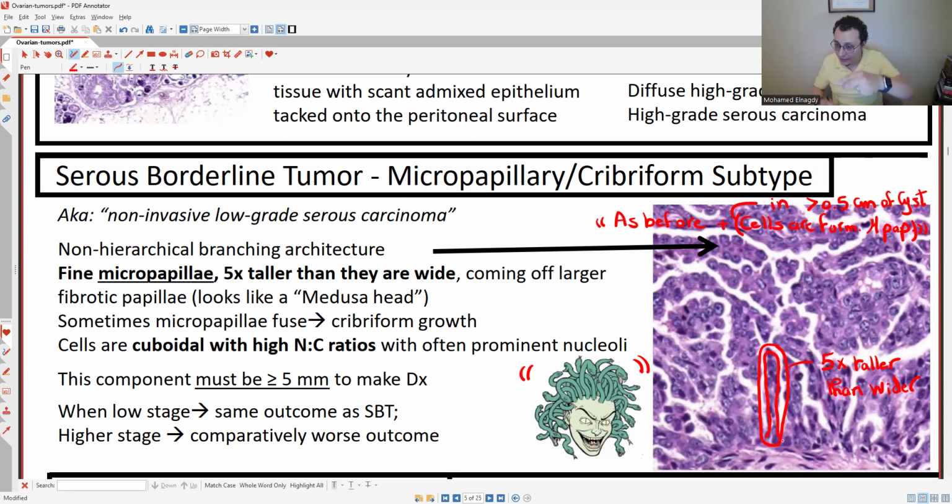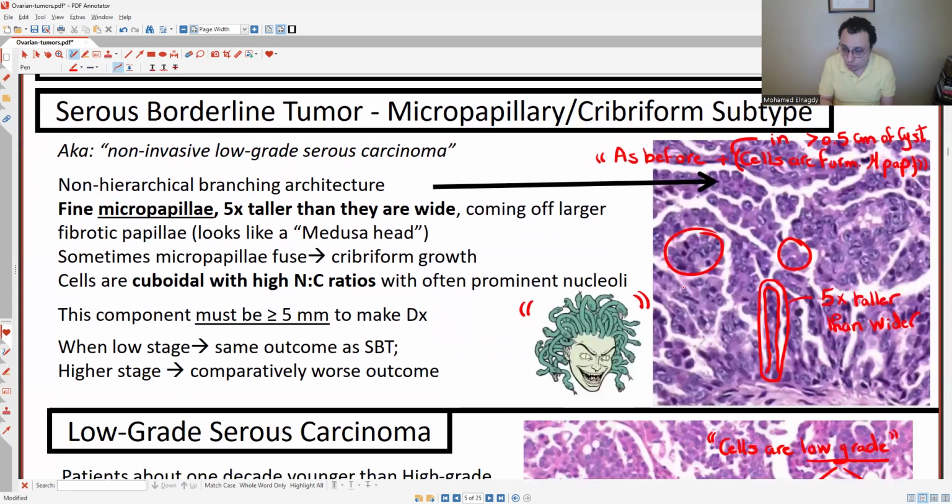And some cells start ripping off from the surface, producing circular balls of cells in the lumen. It's as if you're ripping off some cells from the top and they are floating there, or thrown there in the lumen. That's what micropapillary architecture means. This is the micropapillary variant of serous borderline tumor.